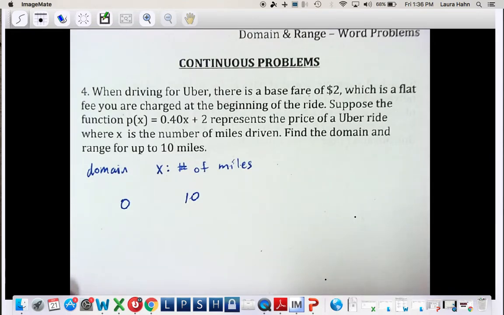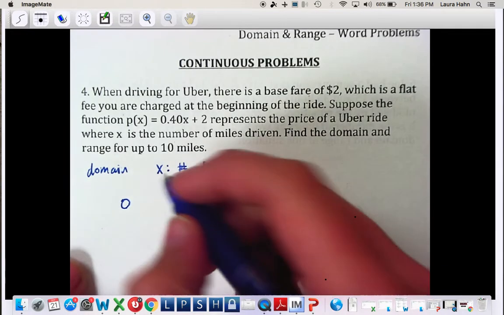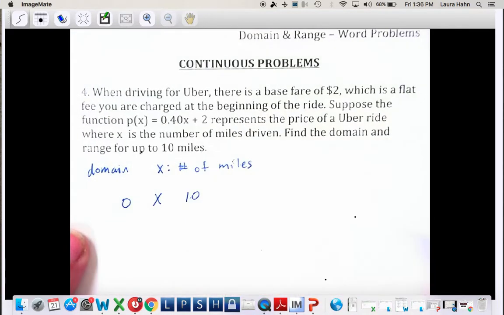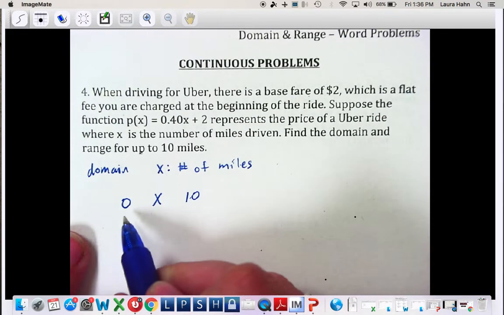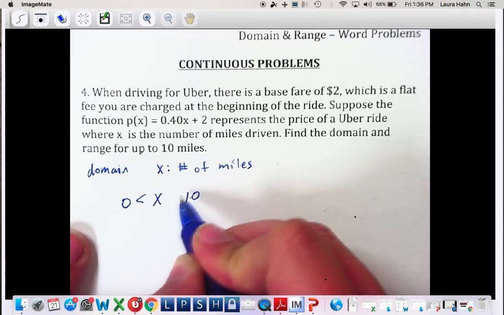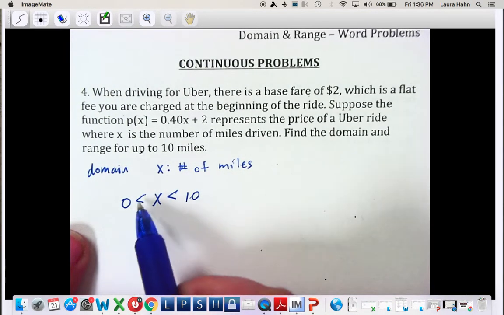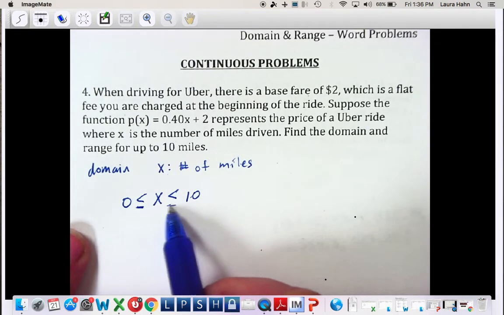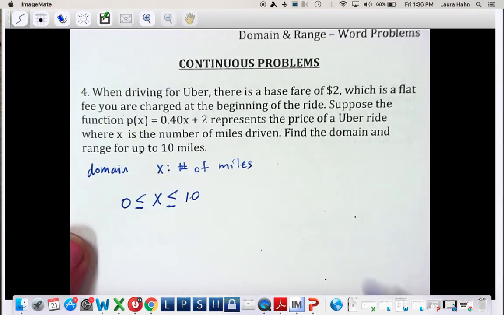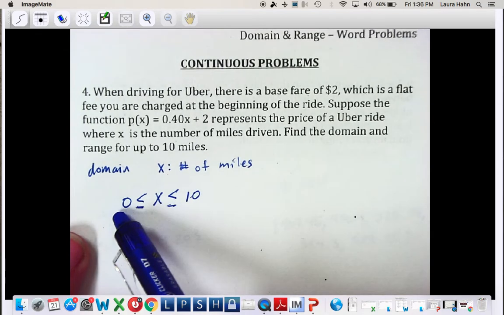So in this case, I'm not going to list individual miles. I'm going to use my between symbols, right? And we use a less than because we always start with a small number. Okay, from here, it can be equal to 0 and it can be equal to the full 10 miles. So this is how you write it. We can drive anywhere between 0 to 10 miles.